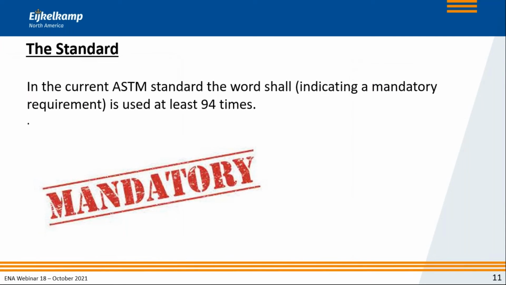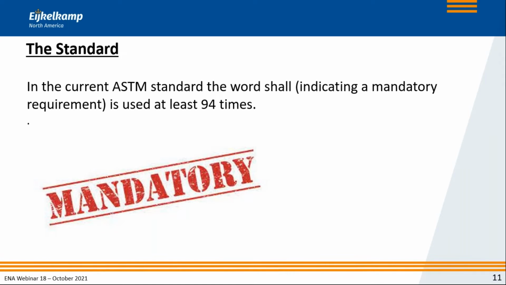Focusing then on the ASTM standard, one thing that I've pointed out in the past is that in the ASTM standard, there are about 94 uses of the word shall, which means that we have a mandatory requirement. You shall do this, you shall do that. And that ties in with the whole concept that we're trying to make CPT a standardized process so that everybody uses it in exactly the same way, and therefore we get results that we can compare, that we can correlate, that we can do something with.